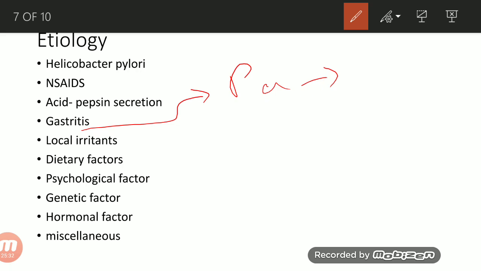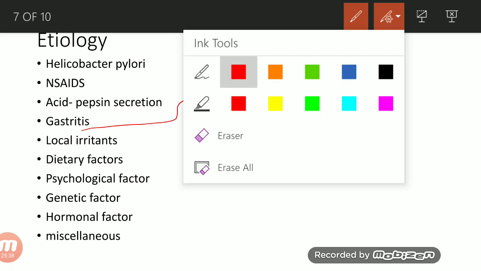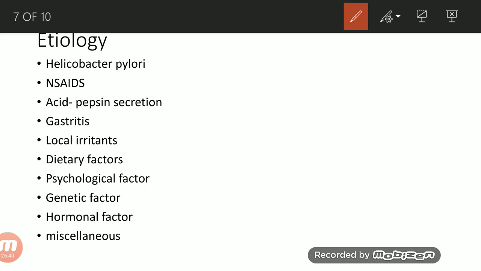So if gastritis becomes chronic or worsens, then it can lead to peptic ulcers. Local irritants cause inflammation, and that inflammation can further damage your GI tract.